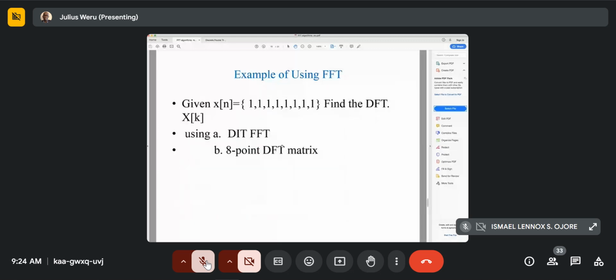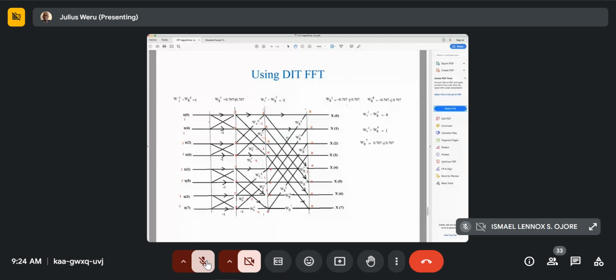Let's look at it using DIT FFT. So these are your inputs. Luckily, your inputs are 1, so just 1, 1, 1, 1, 1. So here you're adding 1. To get this, you add 1 plus 1, you get 2, because you are just adding this. When there is nothing written, it means you're just multiplying by 1.